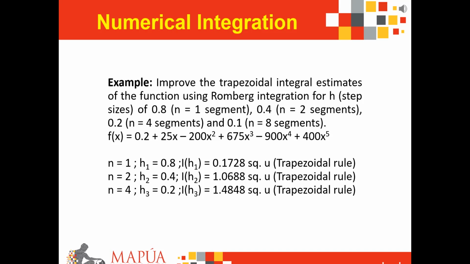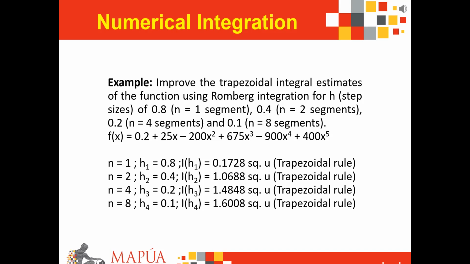So obviously we managed to improve a lot, no, by increasing the number of segments. Unfortunately, it still fell short of our actual integral value. So lastly, we did 8 segments, doubling the number of segments, ending up with a step size now of 0.1, which is half your previous 0.2, with an integral estimate of 1.6008.